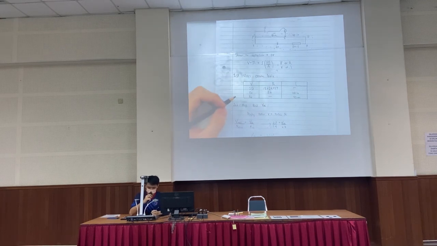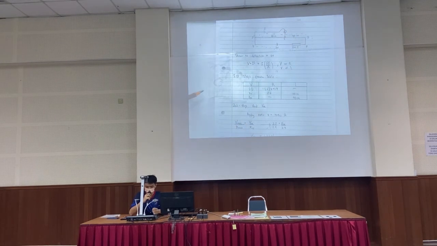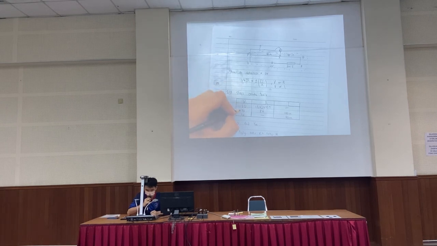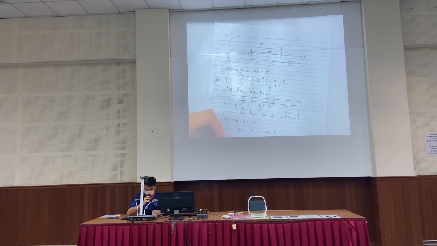The second step is to find the voltage of PQ, which is here to here. Then we apply the ratio V equals ratio of R. So V PQRS divided by R PQRS is equal to V PQ over R PQ. V PQRS is this one, where the voltage is 2 volt, and the total resistance is 2.9.